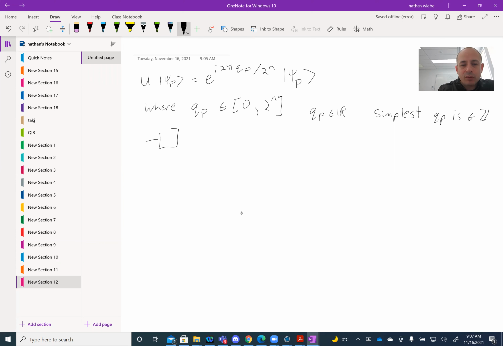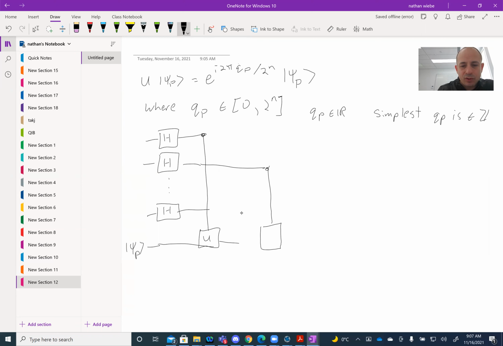How it ended up working was the following. We add this over here and our quantum state, psi p, is fed into the bottom. And then what we did is we had a series of controlled unitary evolutions, going all the way down to U to the 2 to the n minus 1.